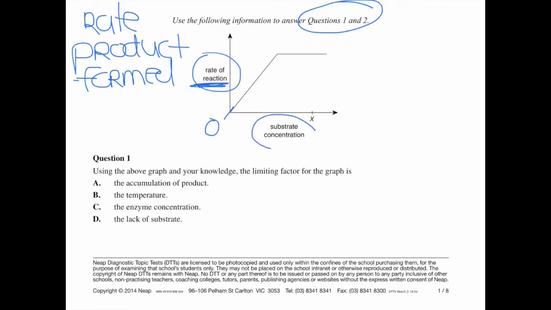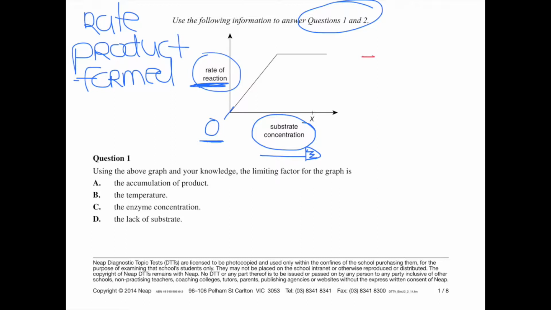The substrate concentration is here. Always assume that the graphs start at 0 unless they're telling you something else. So therefore we can see that as we're going along, that substrate concentration is being increased. Now you should already start to be thinking about the factors that affect the rate of reaction of an enzyme.